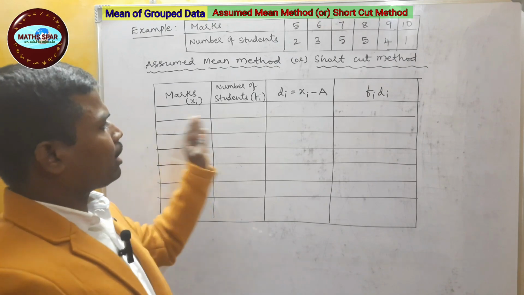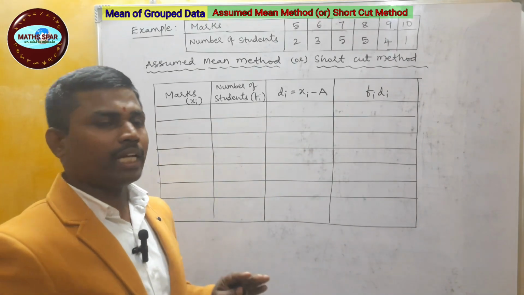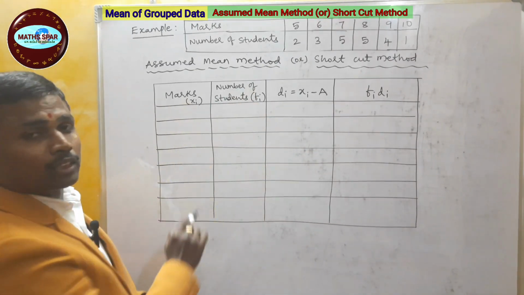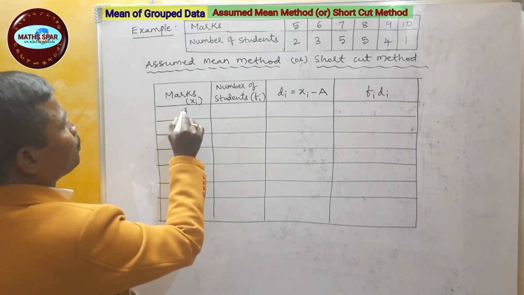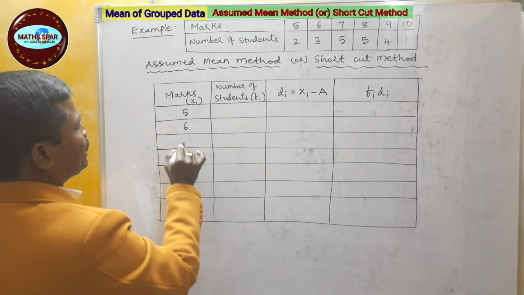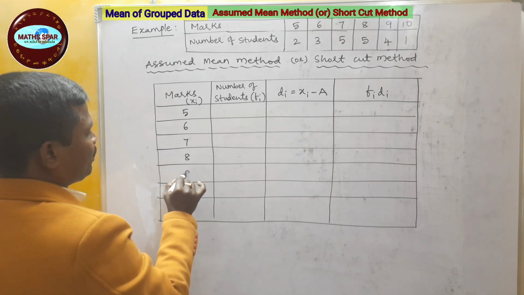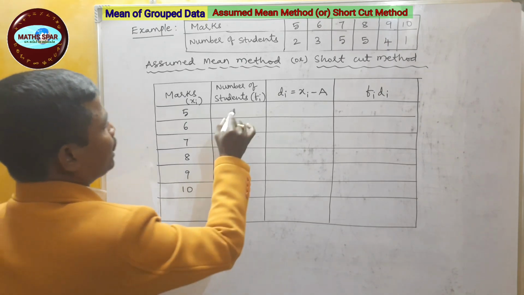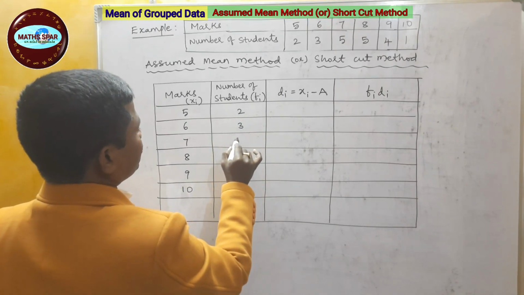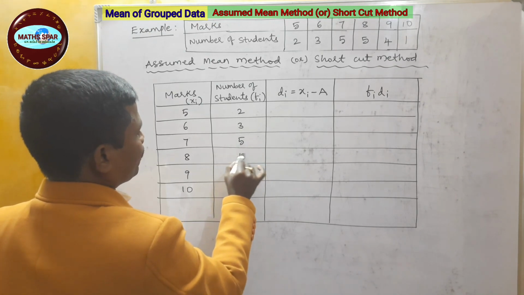These are the important columns which we need to find mean by assumed mean method. Now let us write the data which is given in the distribution, that is xi and fi.